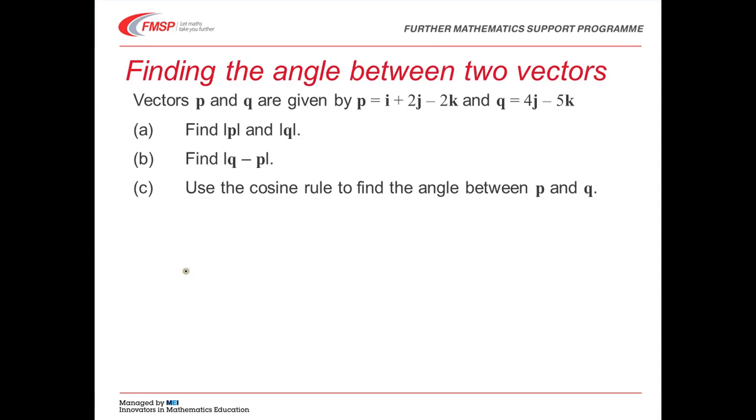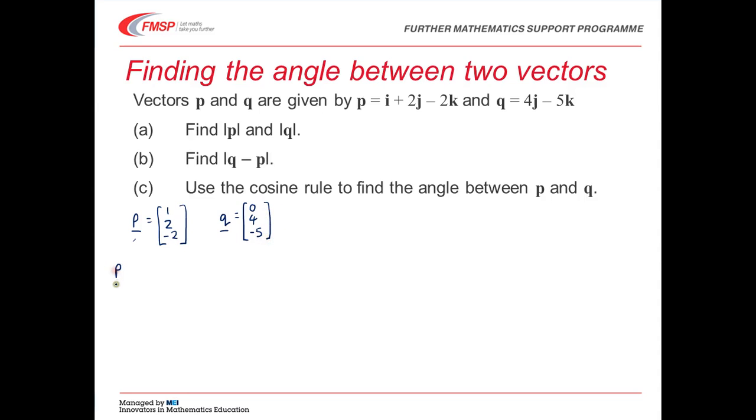So I've got my two vectors P and Q, and the first thing I need to do is find their modulus. So working in column vectors, because it's easier to see, P is 1, 2, minus 2, and Q is 0, 4, minus 5.